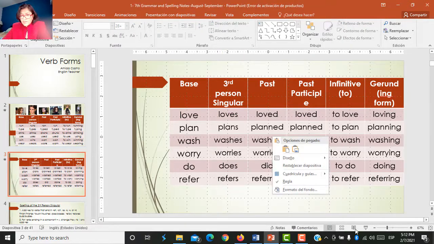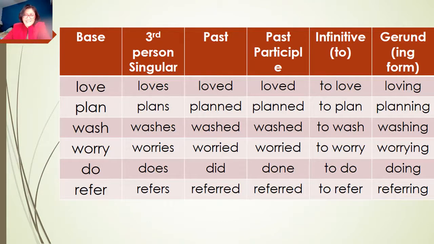As you can see, it's not going to be so perfect, but it's not the intention right now. So, okay, plans, we have an S, planned, consonant, vowel, consonant, one stressed syllable, we double the N, to plan, and planning, consonant, vowel, consonant, double the N.